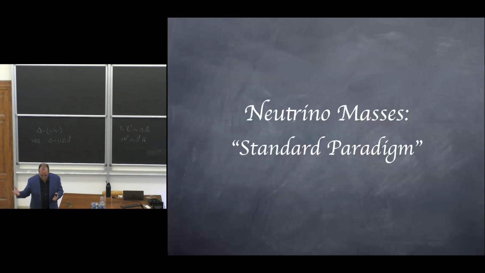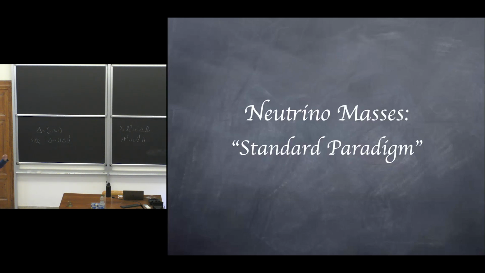In the case of type 1 seesaw, the right-handed neutrinos are singlets. Then to produce them is really hard because you have to use the mixing with the standard model neutrinos, and this mixing we don't really know. You have to assume that maybe it is large enough to produce them at a collider. Or maybe once you have right-handed neutrinos, you can gauge B minus L, and this type of theory will give you a new gauge boson that allows you to produce them at a collider. But again, this is just a toy model, okay?